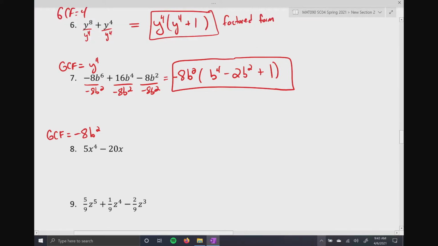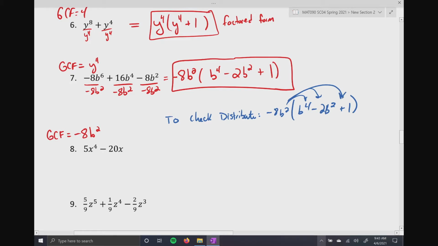How do I check myself to make sure I'm correct? Distribute. Good. So that's exactly what I'm going to do. I'm going to distribute negative 8b to the second to every single term. Watch what happens.